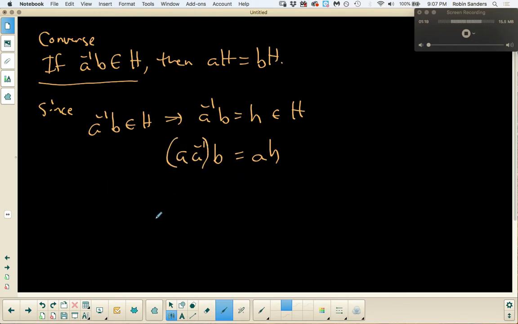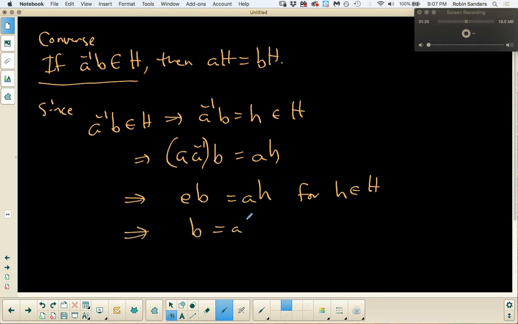We can put parentheses around that, and so what we now have is E times B is equal to Ah, where little h is inside capital H, and EB is just B, so B is equal to little a times little h, and that says B is an element of the left coset AH.